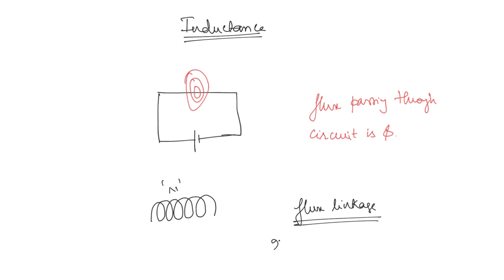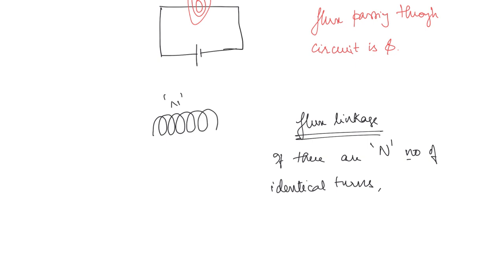If there are n number of turns, the flux linkage, which we denote as lambda, is defined as n times the flux linking with each turn. So this is called the flux linkage.